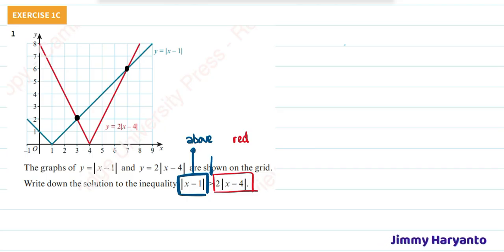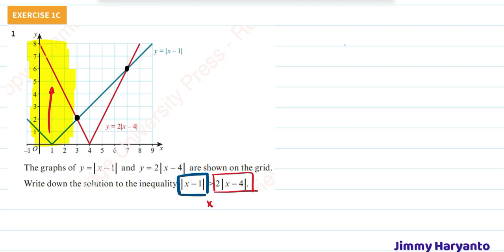So in this region, as we can see, the red line is above the blue line. That means the inequality is not satisfied. Yeah, in this part from 3 until 7, the blue is above the red one.